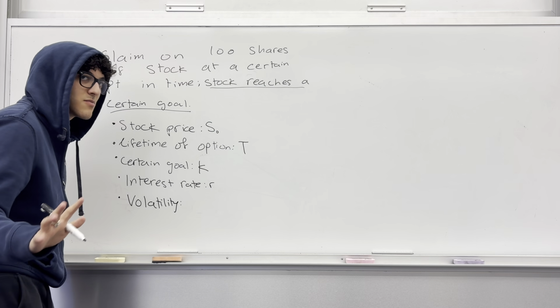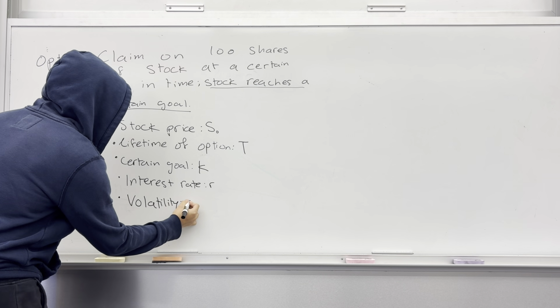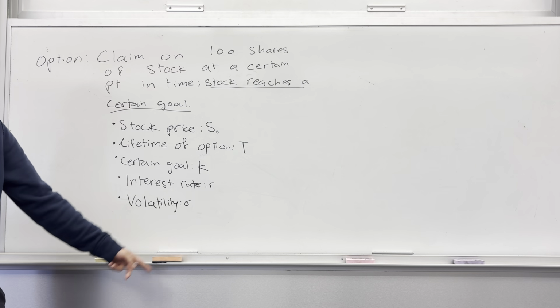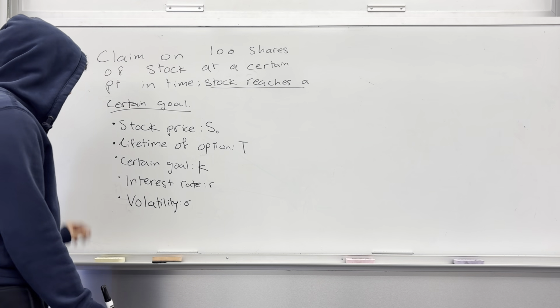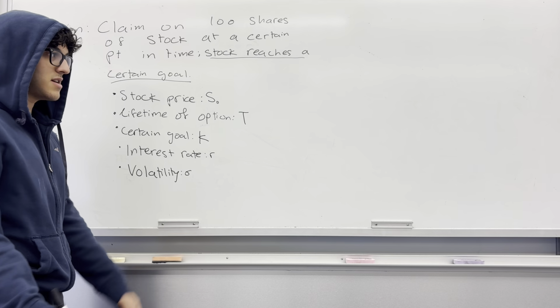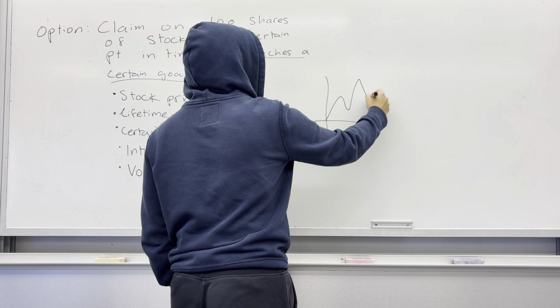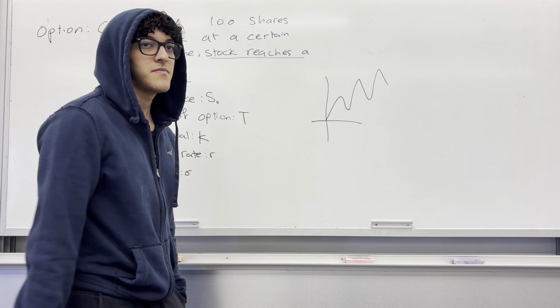Okay, I'm gonna use a weird symbol for this. Alpha. It's like an O with a tail, right? Volatility is super simple. It's just how much the stock moves.